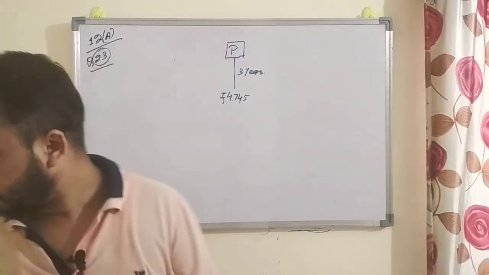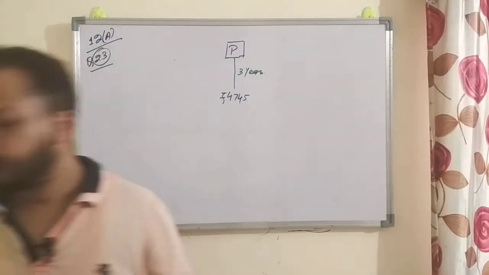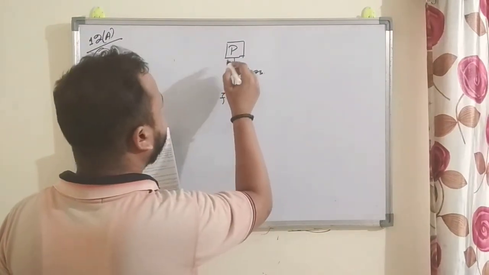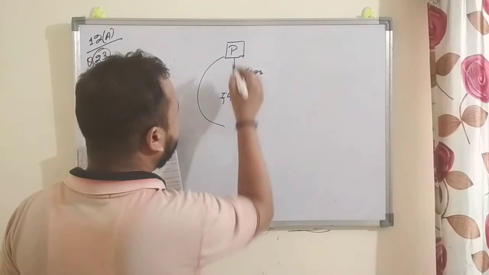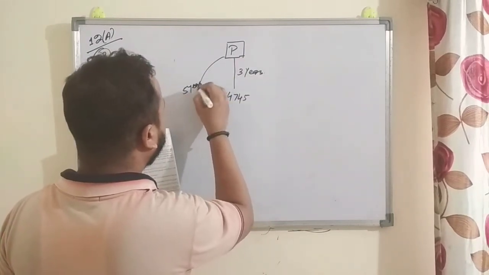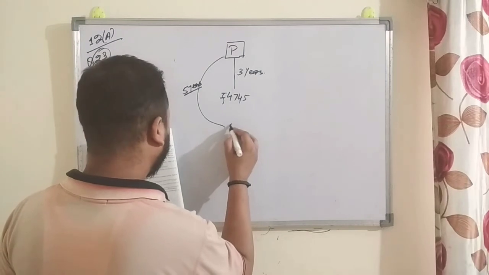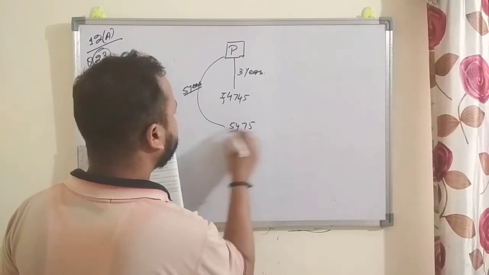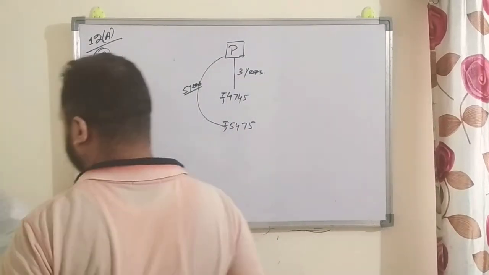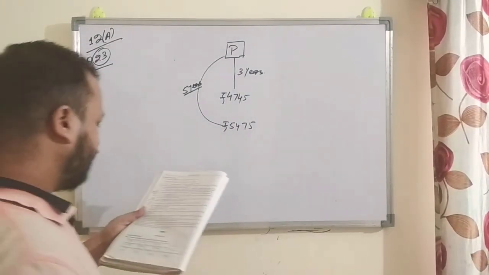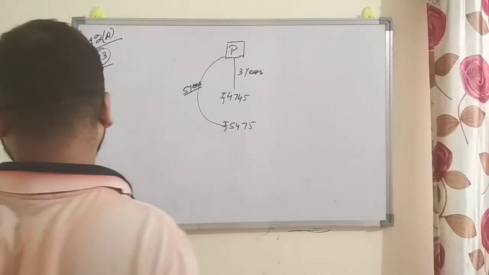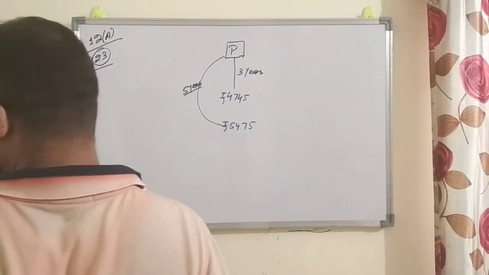And after 5 years, the same amount just becomes 5475 rupees, right? So you have to find out the sum, which means this principal amount, and the rate %.